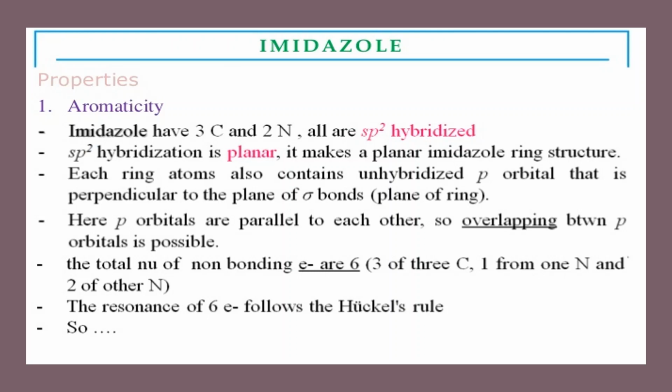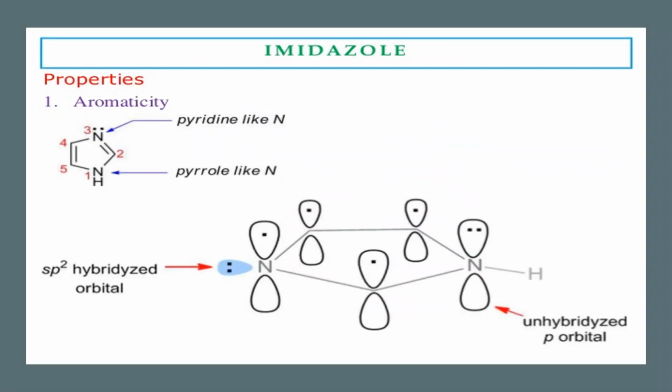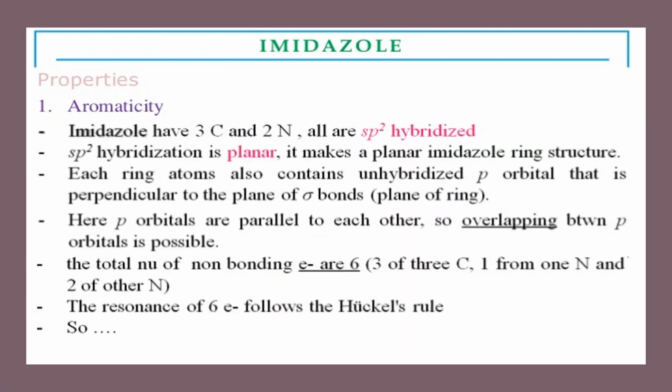The p orbitals are parallel to each other, so overlap between the p orbitals is possible. So there is conjugation.